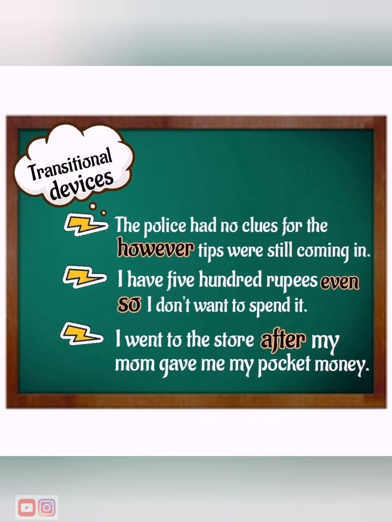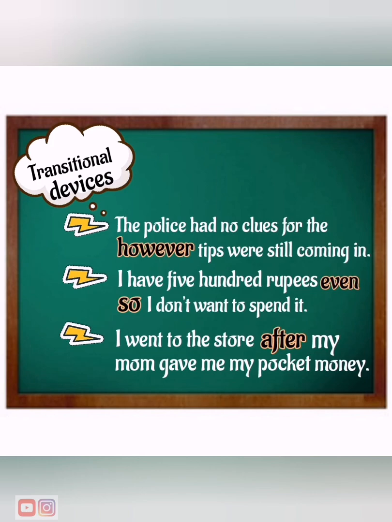Here, I have taken an example from a complex sentence because you have one main clause and the other subordinate clause, and this main clause and subordinate clause are linked by a transition word. However, for example, the police had no clues for the case.